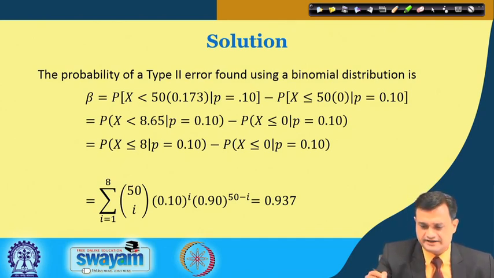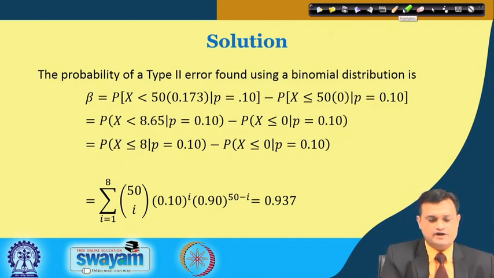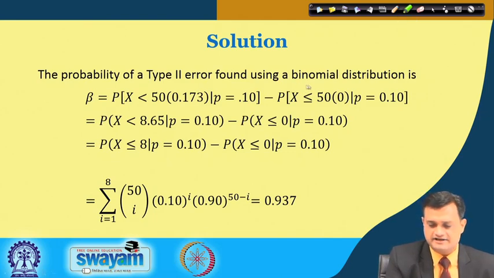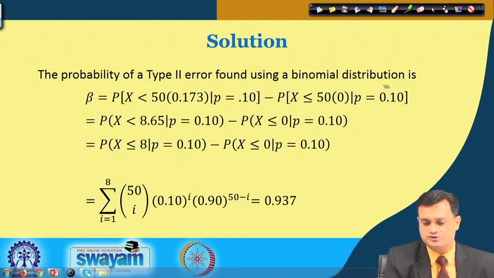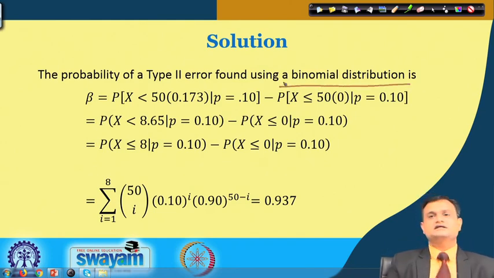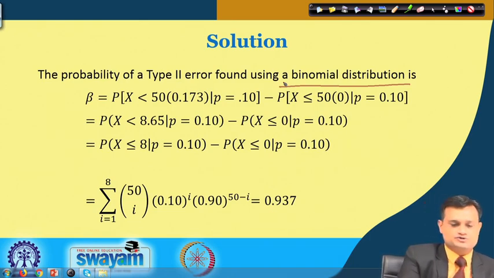I will just try to show the type 2 error for one example, and we are basically using the binomial distribution. So, for this, the distribution which is useful is the binomial distribution.